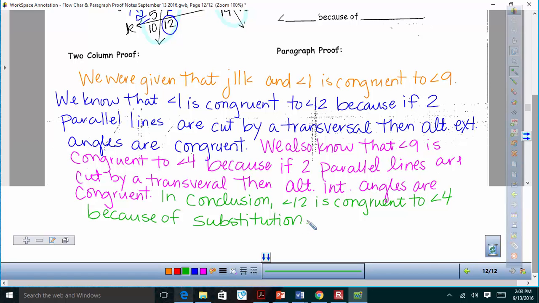Okay, now, if one of the reasons was vertical angles, you would write because vertical angles are equal, okay? Or because of vertical angle theorem.